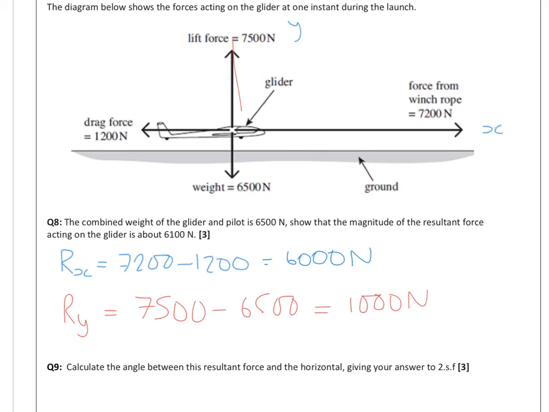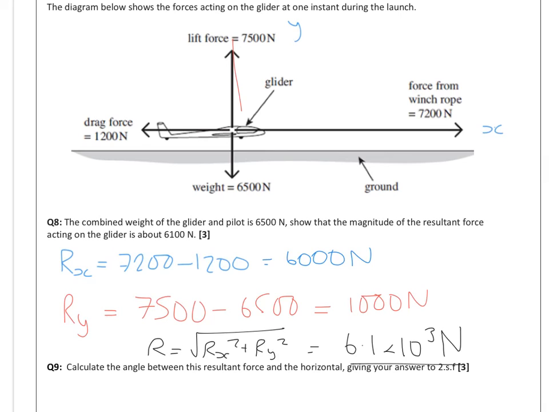So to get the resultant, we're using some Pythagoras. So we're going to do 6,000 squared plus 1,000 squared, square root, and we'll get 6.1 times 10 to the 3 newtons as your resultant force.